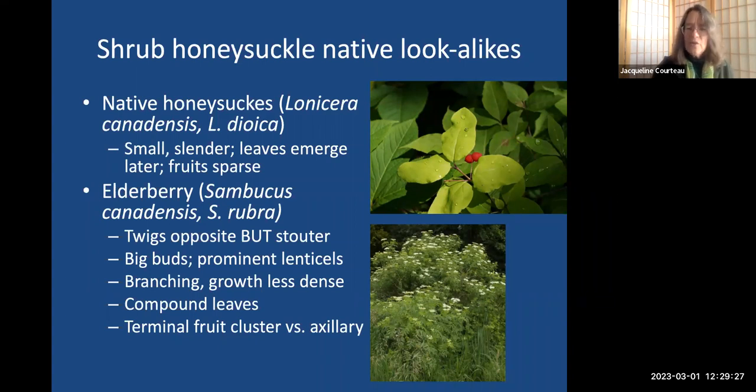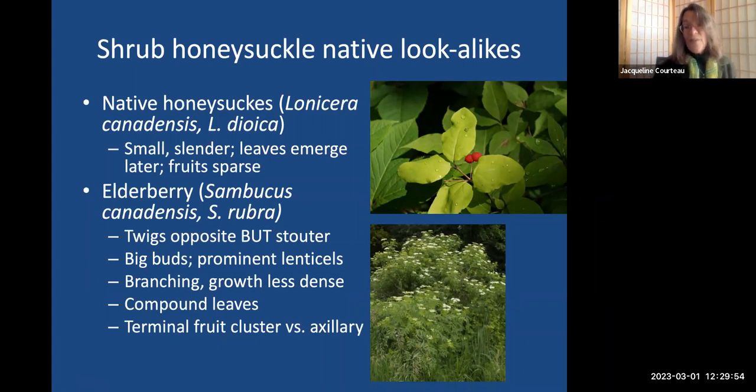So if you just look at those twigs without leaves, really clear differences from the slender, delicate, light tan twigs of the honeysuckles. Overall, the branching and the growth is less dense. Here it looks dense because of all the leaves that are on it, but if you see it without the leaves, it's going to look much more sparse overall.